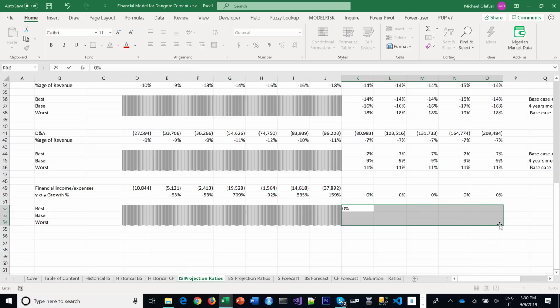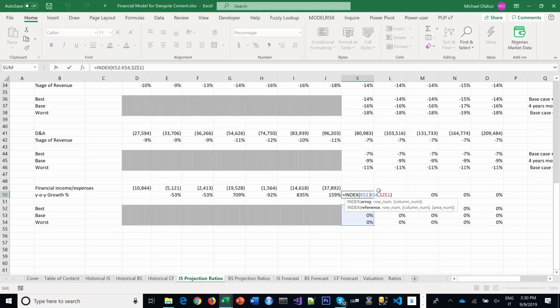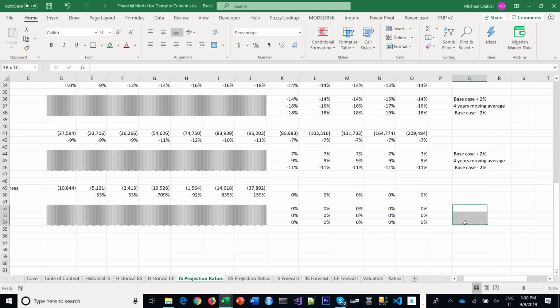I put 0% growth rate into the future, and I write it in the notes that it is taken as 0% growth in the forecast years.